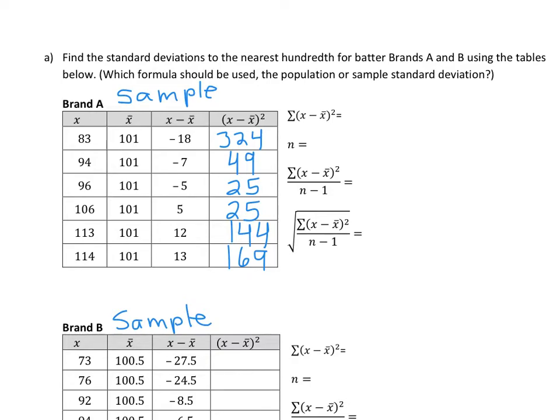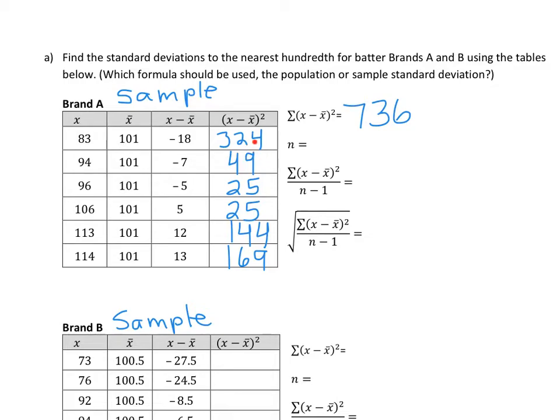So now what I'm going to do with all these values is add them. This symbol right here means summation. It wants us to add all of these values, so add this entire column. When we add those values, we get 736. n represents the number of data we have.